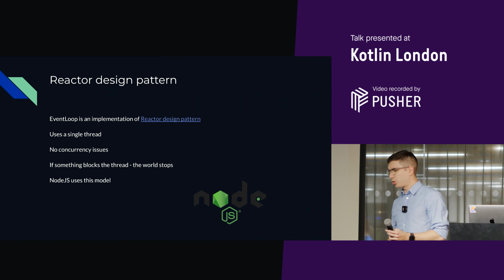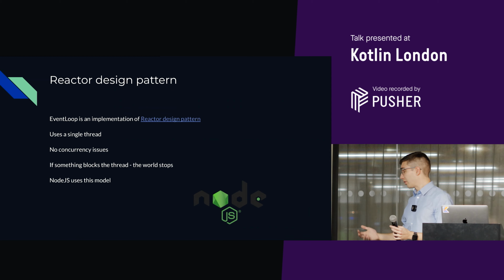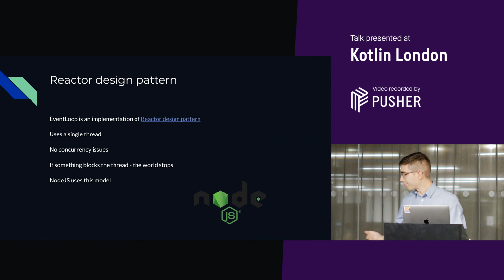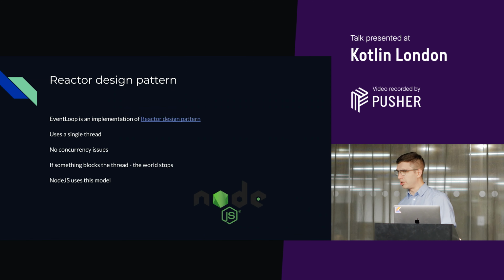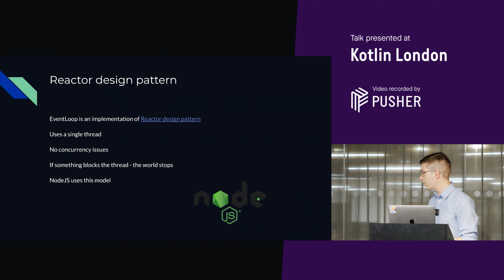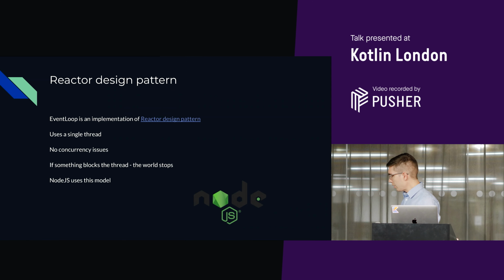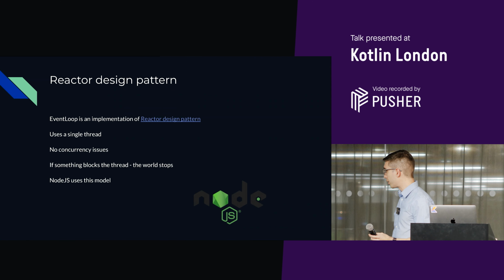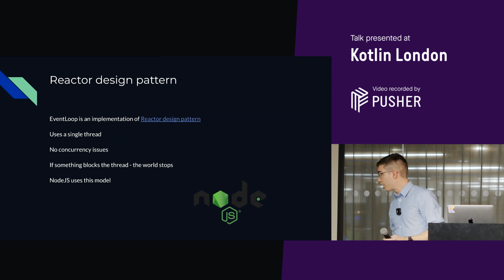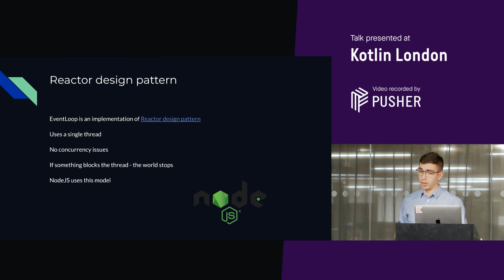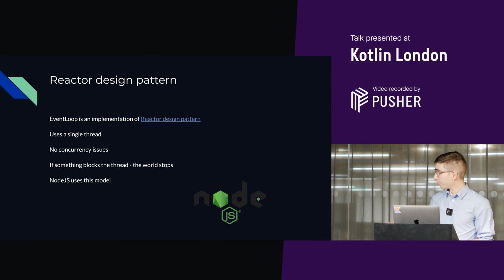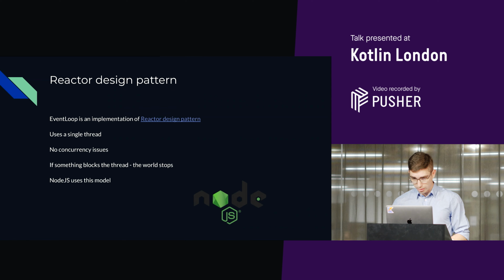I decided not to show that because it's a bit boring, you won't see numbers for some time. And it's also pretty obvious at this point, I would say. But yeah, that's one of the problems with the event loop design pattern. And the Node.js runtime uses this model. So we discussed two of them, deferred value and now the reactor.